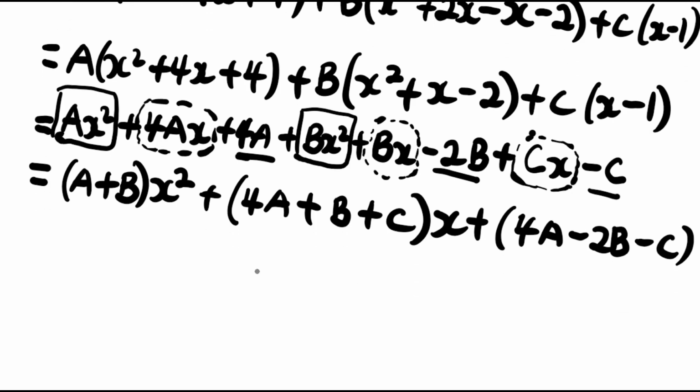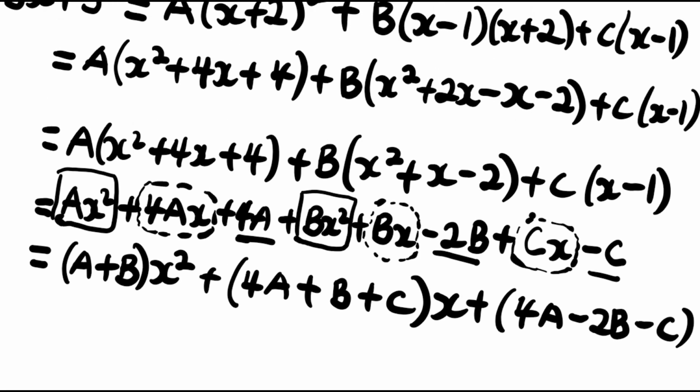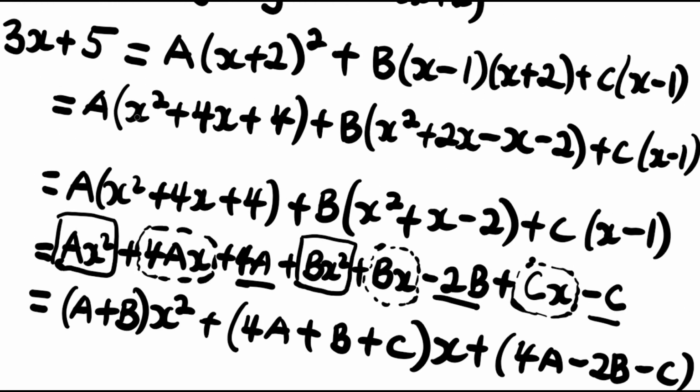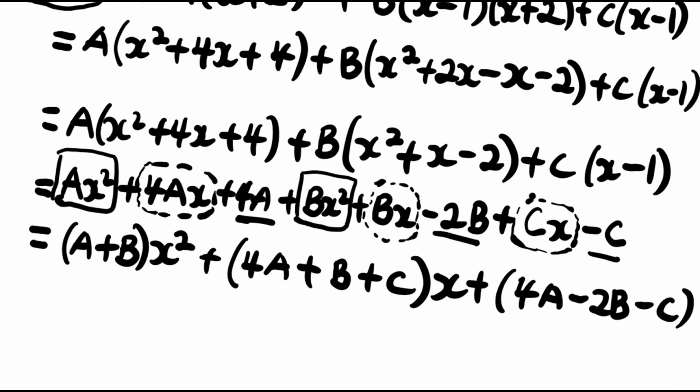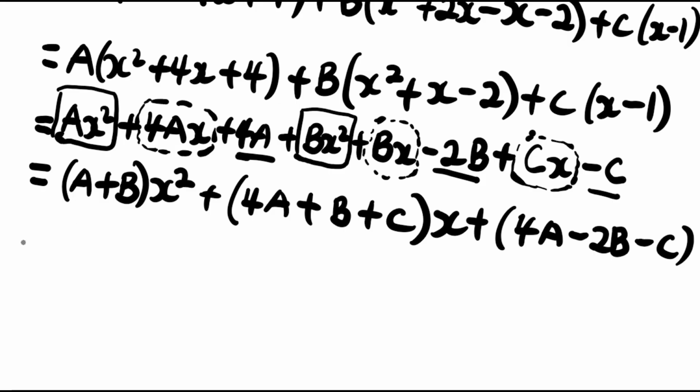Okay, now we have these terms. Now let's bring back what we had. So on this side we were comparing 3x plus 5, right? So let's bring back that 3x plus 5 here and compare both sides.